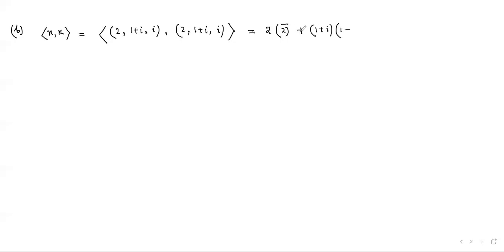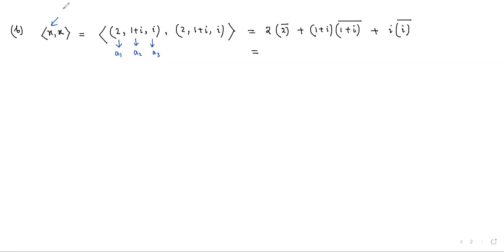So I am writing it in this manner: 2 multiplied by 2 bar, 1 plus i multiplied by 1 plus i bar, and i multiplied by i bar. Because in this particular case, although the vectors are the same, we will treat the first part, that means when the vector x is written in this position, we'll consider this to be a1, a2, a3.